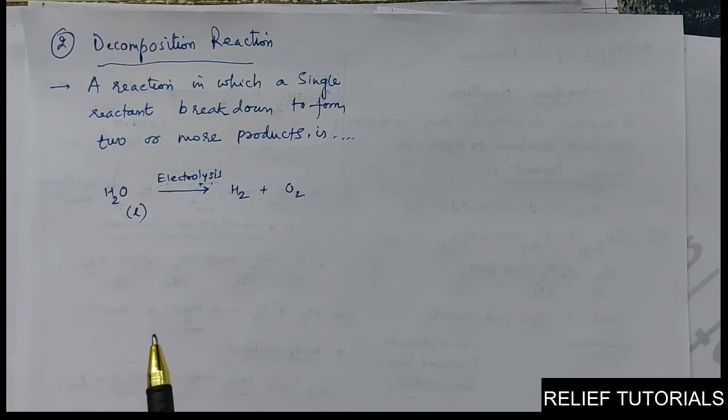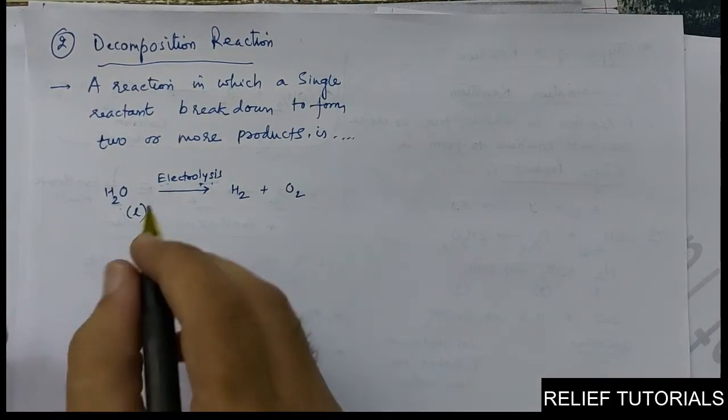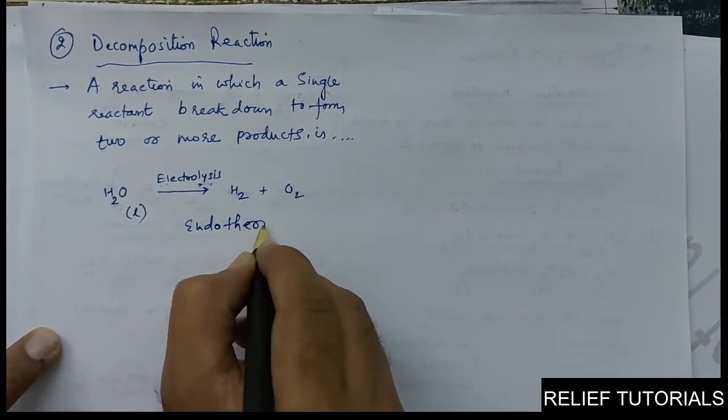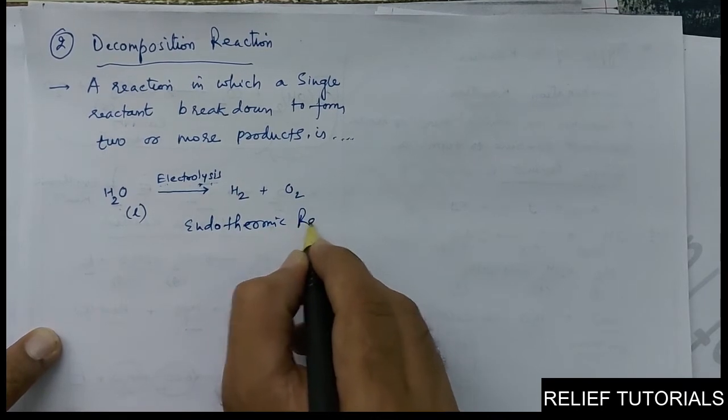During the combination reaction, we have seen that most of the combination reactions are exothermic because they release energy, but here it is not releasing energy. Here we are providing the energy. So such type of reaction in which we are providing the energy is called as endothermic reaction.